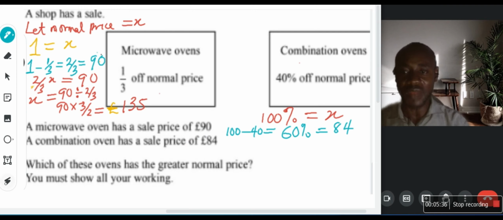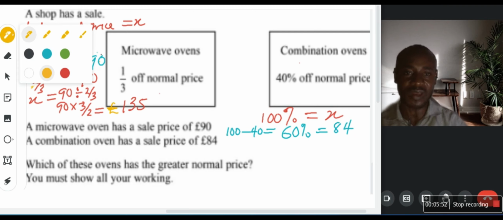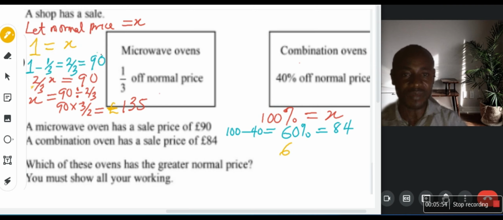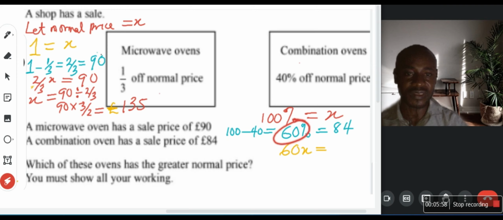Again, we can cross multiply. This time this times this. You can simply say 60 times X. Forget about the percentages. 60 times X and then 84 times 100, because the percentage will cancel out later. So you have 60 times X is 60X. Cross multiply. Then 100 times 84 will give you 8400.